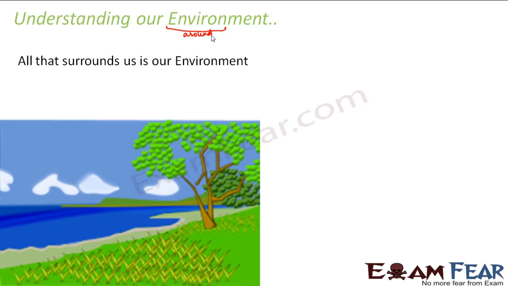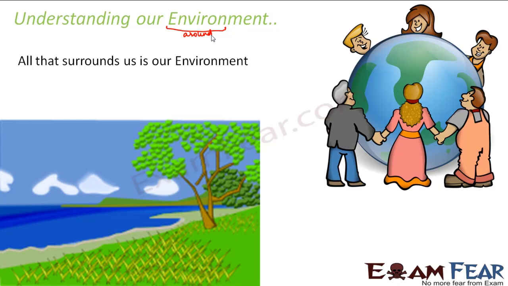Here we will talk about the various components which form the environment. We will also see how these days, with the development, with each passing year, our environment is being threatened by human activities, and why we should take care of this environment.